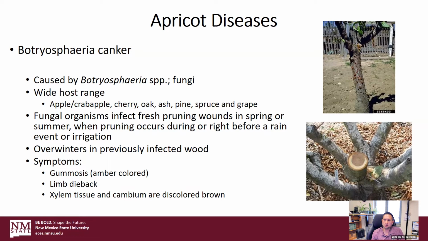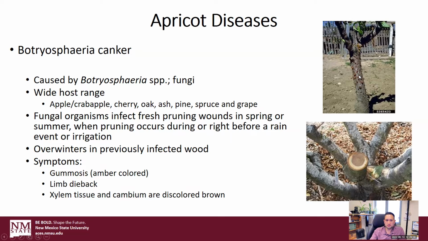Usually after a rain or an irrigation event, when you get that microclimate, that humidity and moisture, these start to infect your trees. They overwinter in previously infected wood, and you can see some of that here and here.